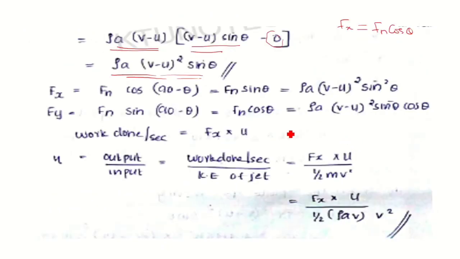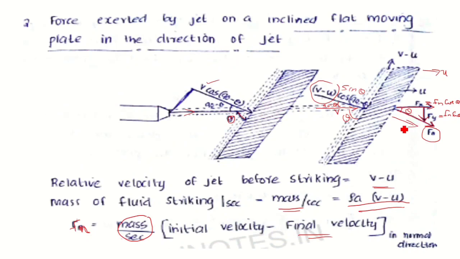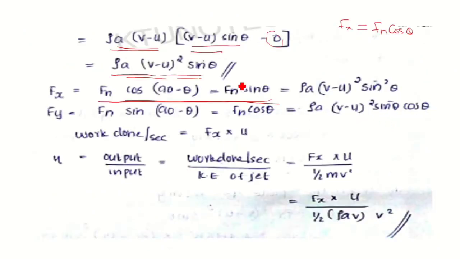So F of x is F of n times cos 90 minus theta, which is F of n sin theta. So rho a into v minus u whole square into sin square theta is the equation. Why sin square theta?